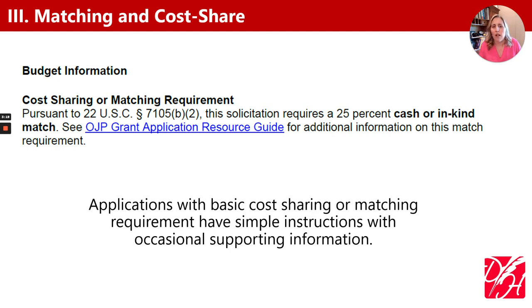Now, in this example on the screen, it's a solicitation that requires a 25% cash or in-kind match. That's not an uncommon burden. On the other hand, just recently, I was reading a set of guidelines from a state agency that had an 80% cash or in-kind match.